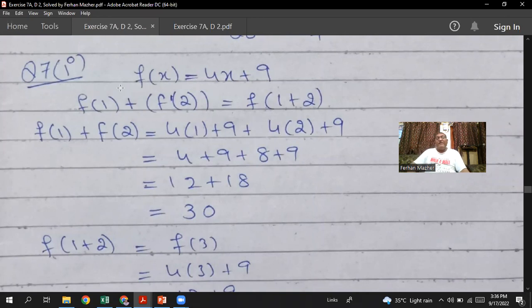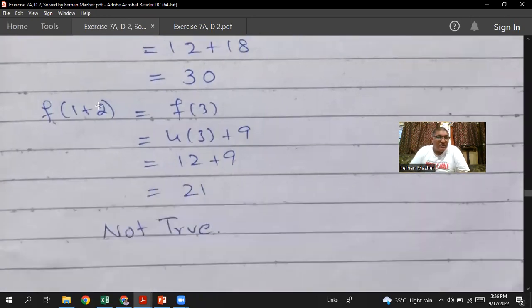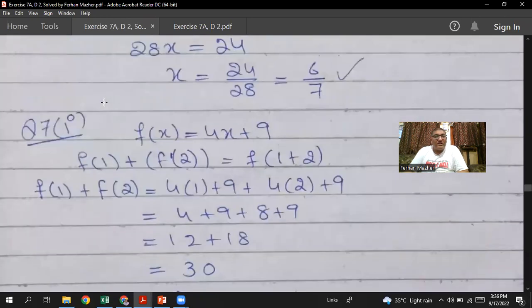On the right side, you have f of 1 plus 2, which means f of 3. 1 plus 2 is 3. So f of 3: 4 into 3 plus 9, that will be 12 plus 9, that will be 21. So the answer of the right side is 21. Answer of the left side is 30. So they are not equal. Not true. So what they said was not true.